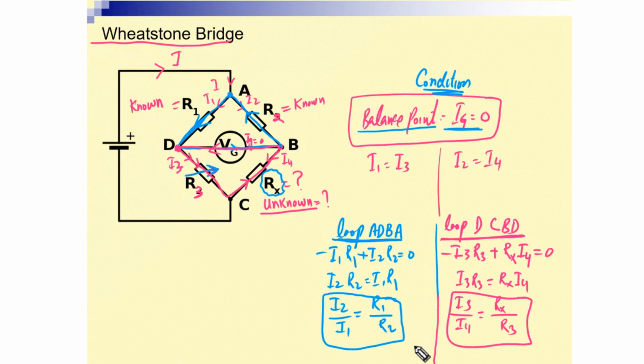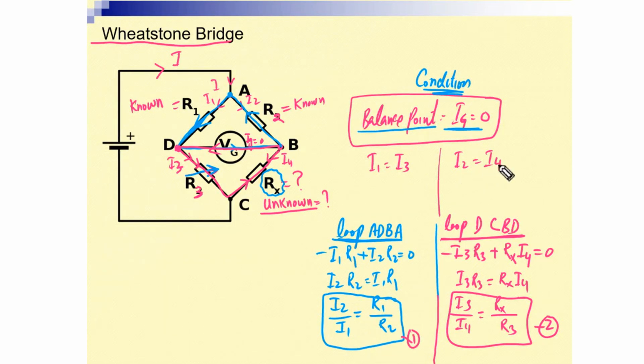Okay, now we have equation 1 here and we have 2 here. Now you can see I1 is equal to I3. So you can take equation 1 and rearrange that.